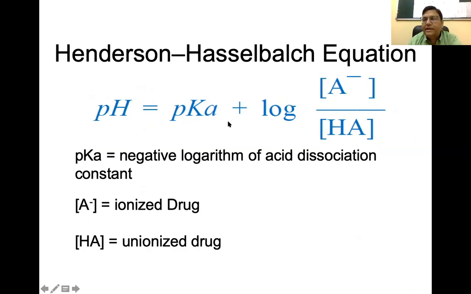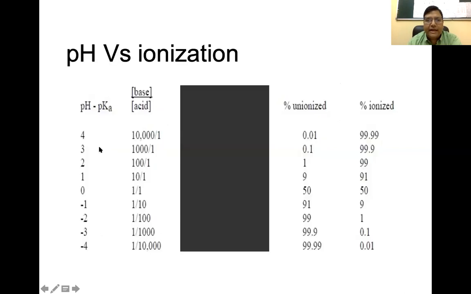So pH becomes equal to pKa. From this we come to know that pKa is equivalent to the pH when 50% of the drug is ionized. That means the ratio of unionized to ionized drug is 1 is to 1, 50 is to 50.